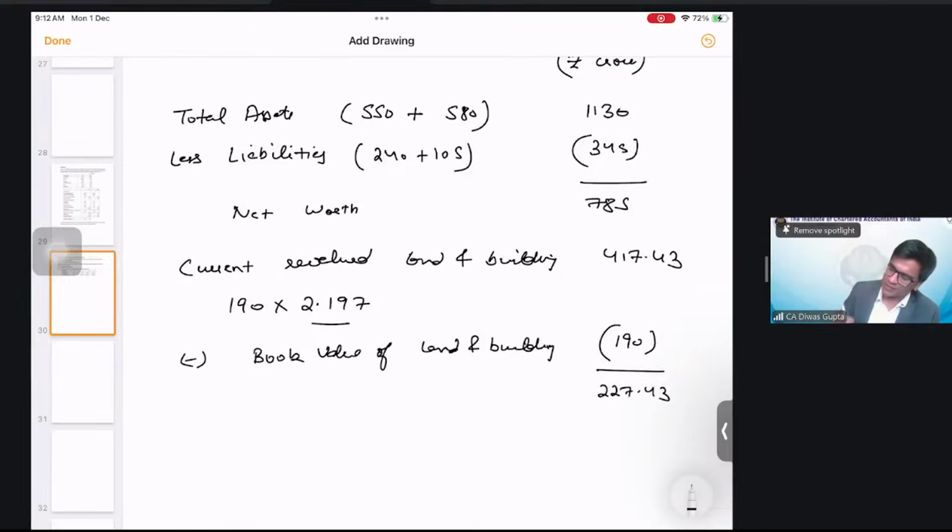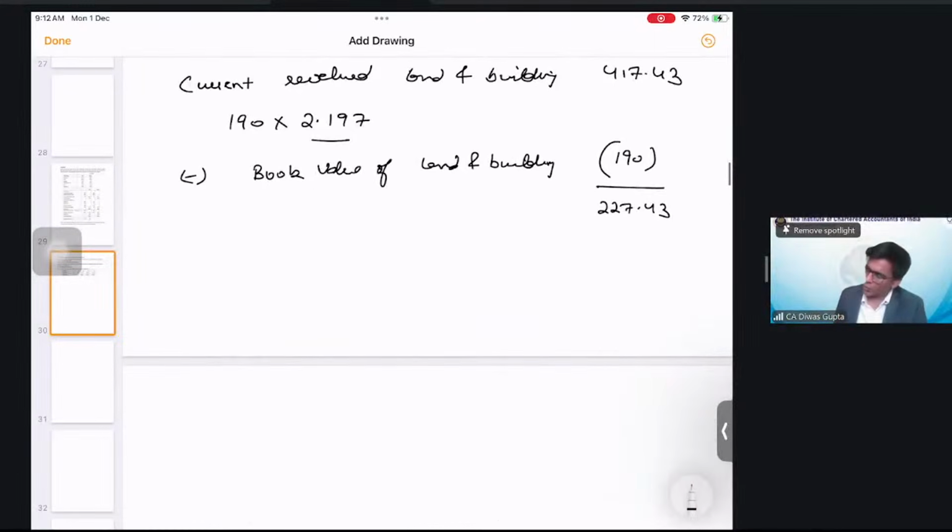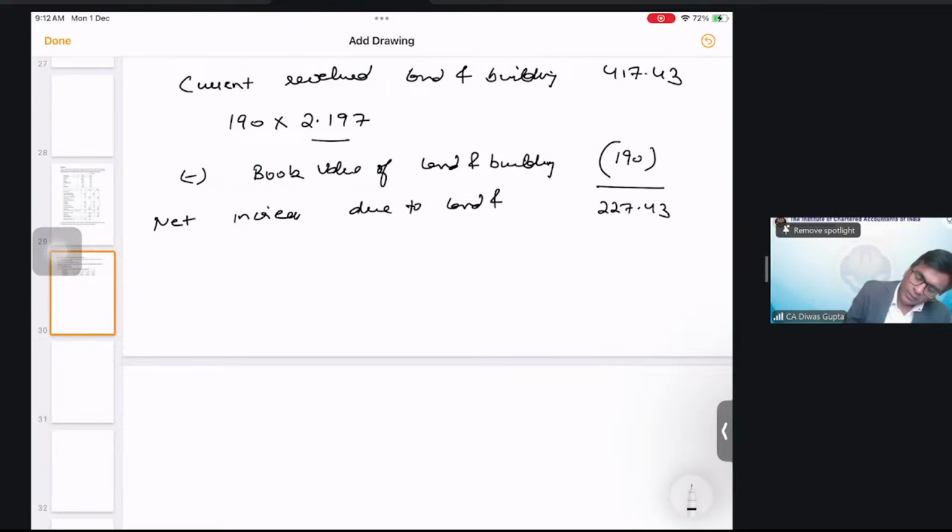So this 2.197, students, we have arrived at for 3 years future value factor at the rate of 30%. Okay. So 227.43, students, this is actually the net increase due to land and buildings, right?